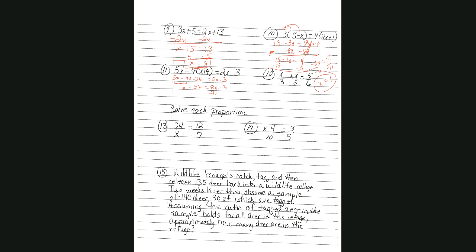So minus 2x minus 2x, negative x minus 36, you have to be careful, it's 36, not 3, equals negative 3. Then you add 36, and negative x is equal to 33. But you can't leave this variable negative, so you have to divide by negative 1. So x is equal to negative 33.